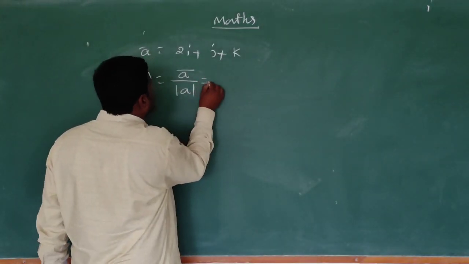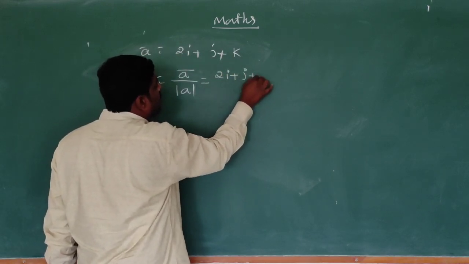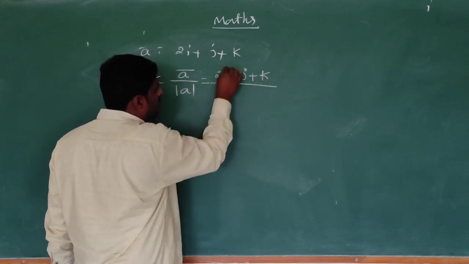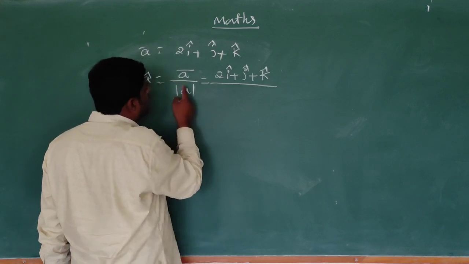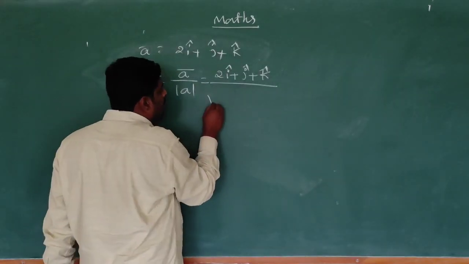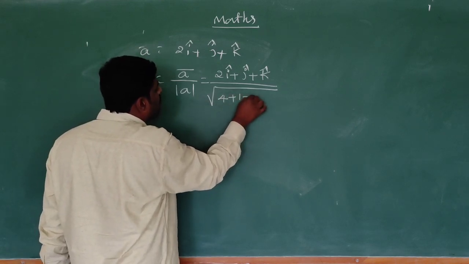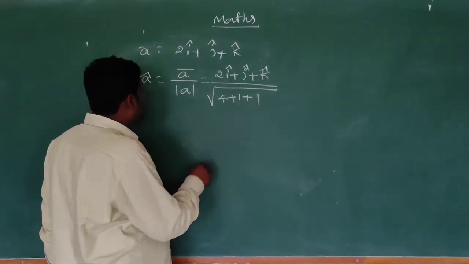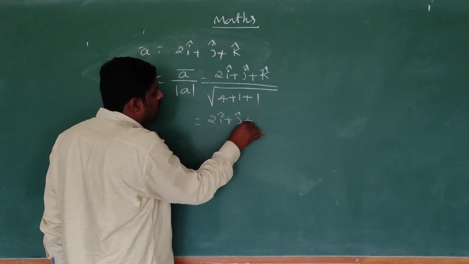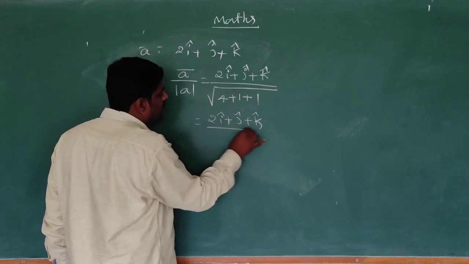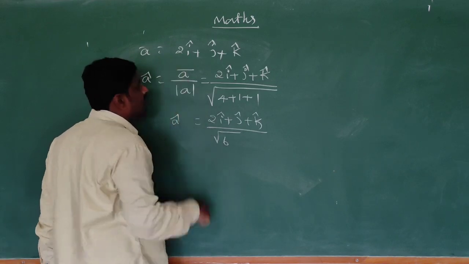What is a bar? 2i cap plus j cap plus k cap divided by magnitude of a bar. Magnitude of a bar is square root of 4 plus 1 plus 1. So that is 2i cap plus j cap plus k cap divided by root 6. This is the unit vector of your given vector.